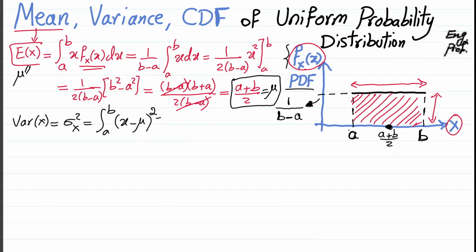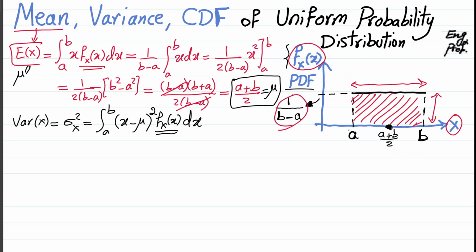We have to do a weighted average of the squared deviation from mu by the probability, as shown here. But we know we are talking about a uniform distribution, so f of x is simply the constant we just talked about.